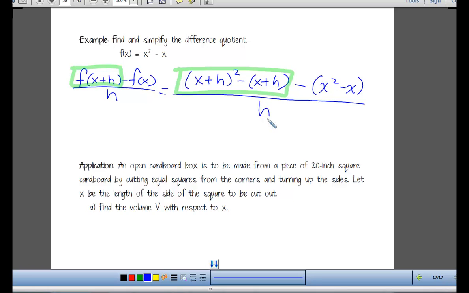That's how we plug in. Then of course we've got to expand this. So we get x squared plus 2xh plus h squared minus x minus h minus x squared plus x all over h.